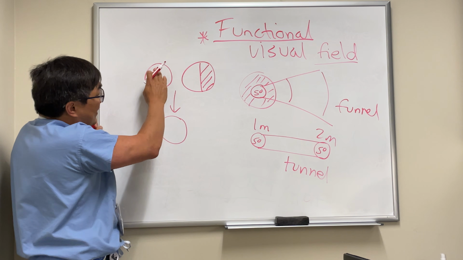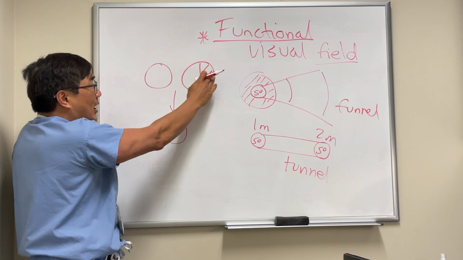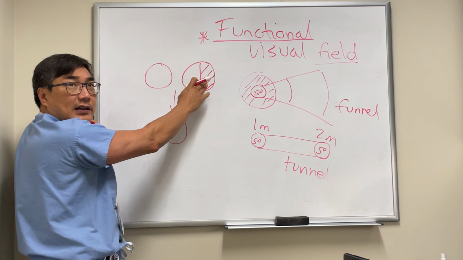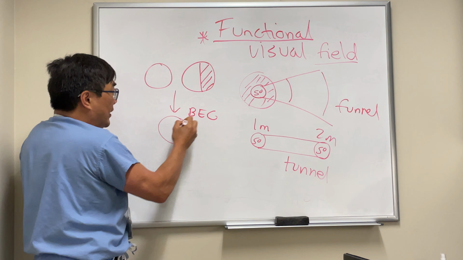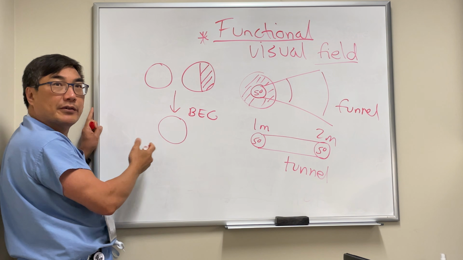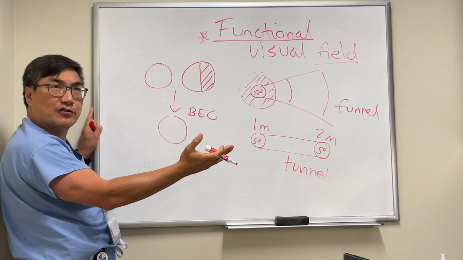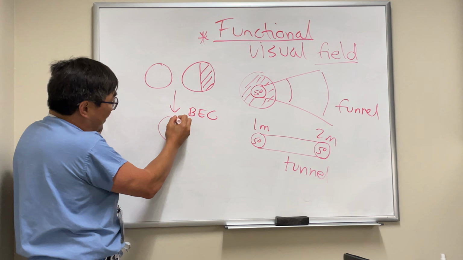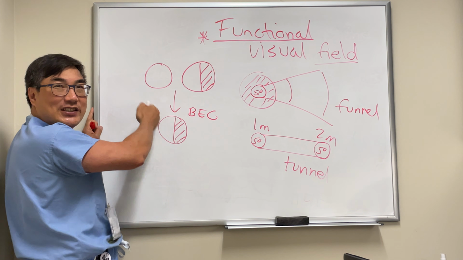Because the nasal field of the contralateral eye, if this field is normal, covers the temporal field of the fellow eye, if you have both eyes open, the field should be normal under binocular testing conditions. That's why we have to wear a patch when we're taking a Humphrey visual field. However, if the patient says, I still don't see half, well, that's non-physiologic.